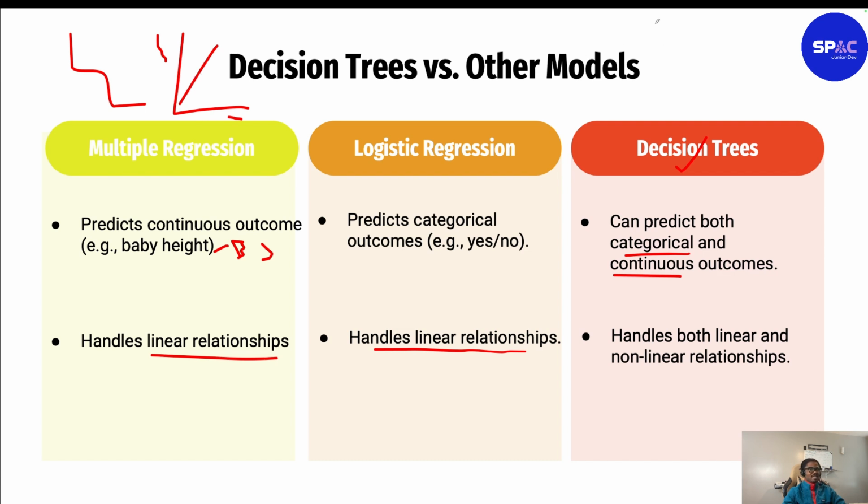But if you have data where the relationship is not straight, that is non-linear, right? So if you have non-linear data, this will not work, and this will not work for it, but this will definitely work for it. So this one can handle both linear and non-linear relationship.